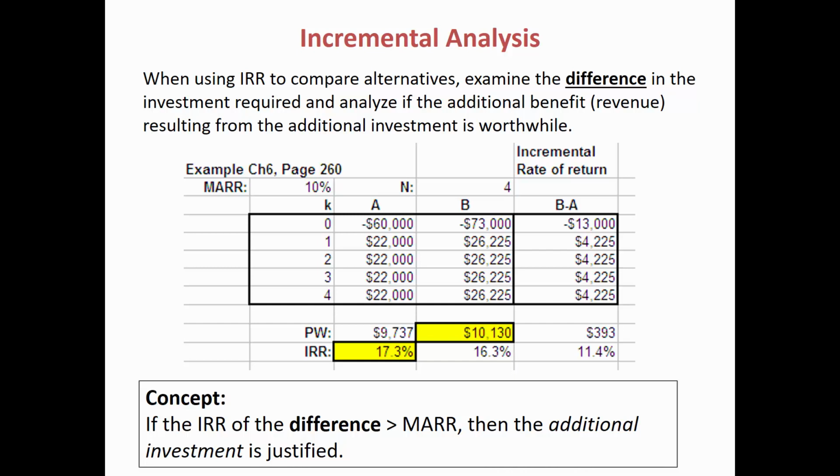And so here, this 13,000, all we're focusing on is the difference between the two. We already established that they were both acceptable options, and so either option B or option A will give us profit. But we want to know how much extra profit, like on a percentage basis, B gives us.